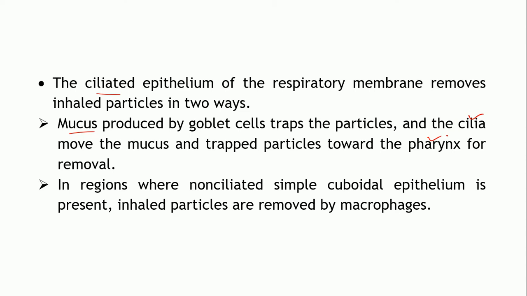This is the first way by which the inhaled particles can be removed. Now, what about the area where non-ciliated cells are present, that is in the terminal bronchioles? There should be some mechanism to remove these particles, right. They are removed by the macrophages in this area where the cilia are absent.